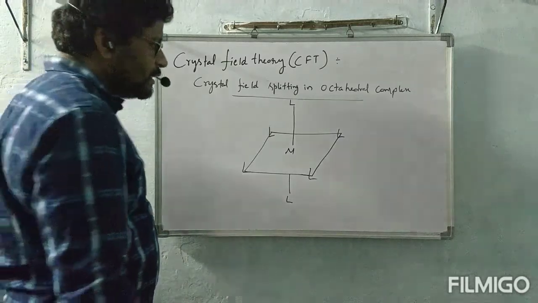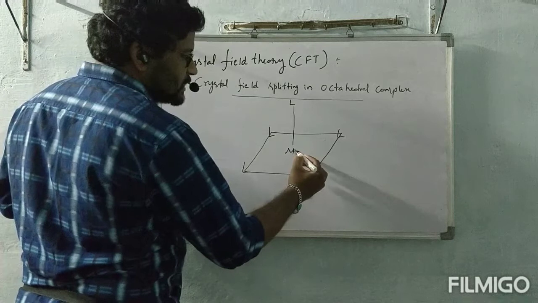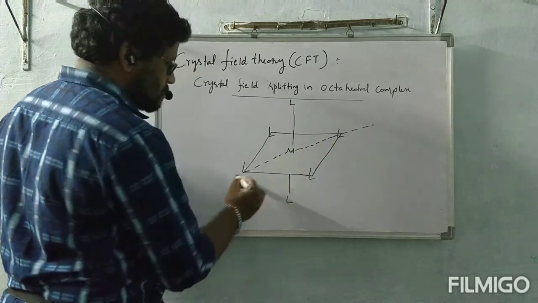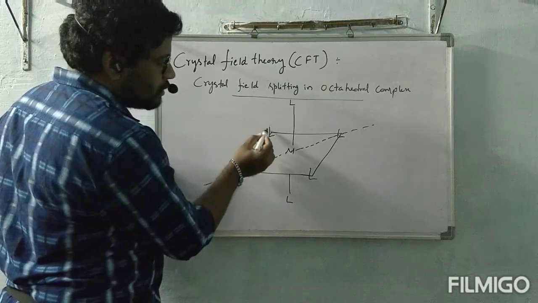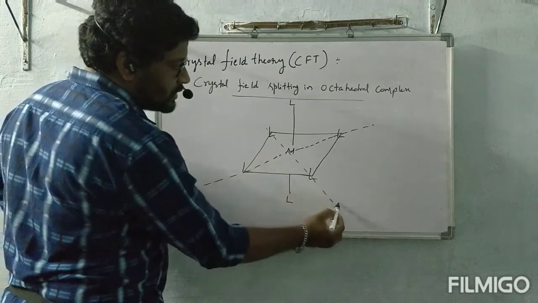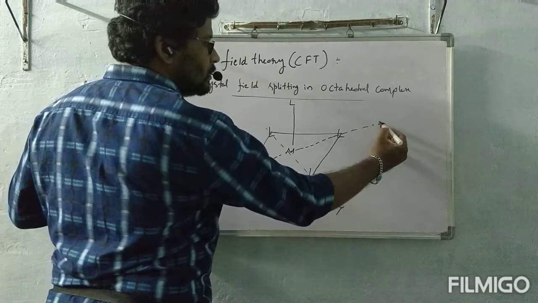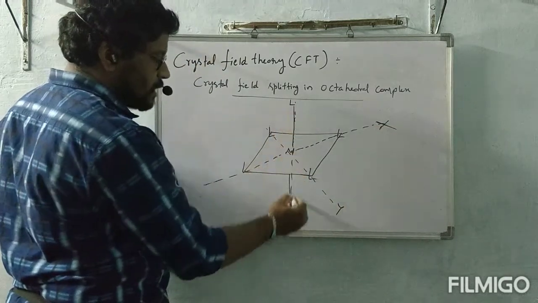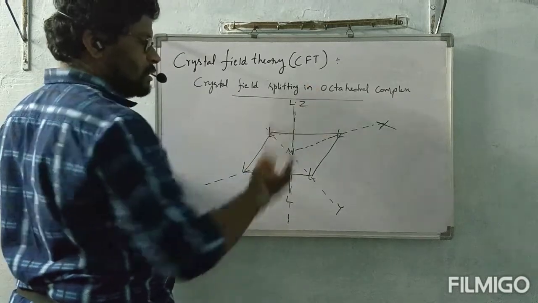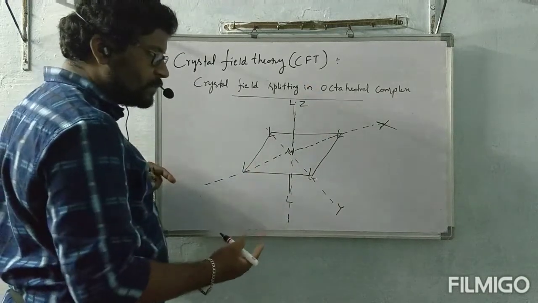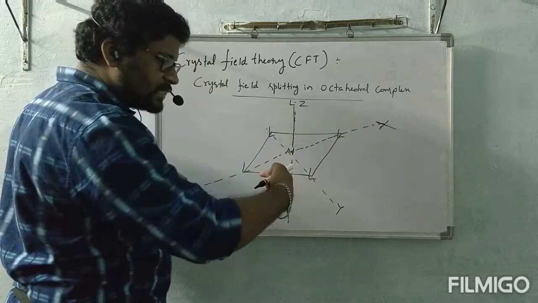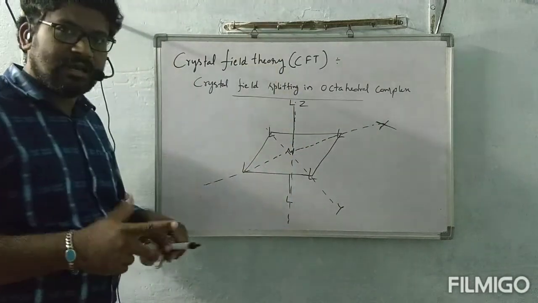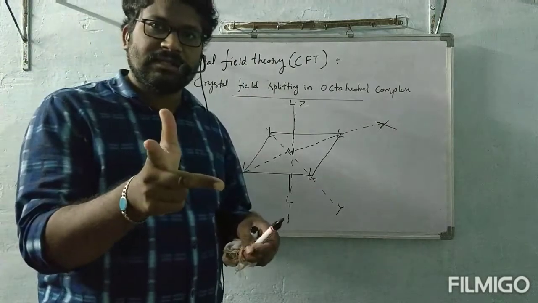See, just imagine this is the x-axis, this is the y-axis, and this is the z-axis. If ligands approach along the x-axis, along the y-axis, and along the z-axis, these three are axes.